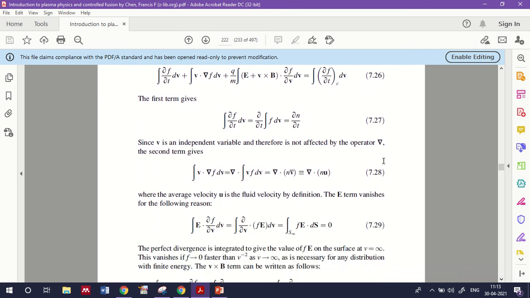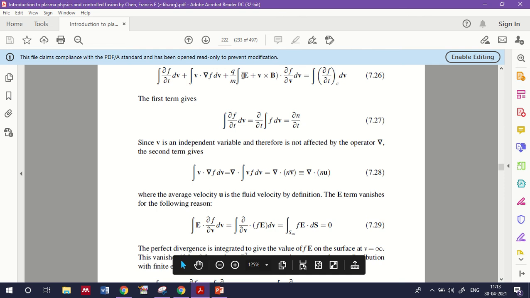Now we have another term. We take the integral of E · ∂f/∂v dv. If you write this equation, the third term we can first rearrange like this: ∂/∂v · (fE) dv, which equals the surface integral of fE · dS.